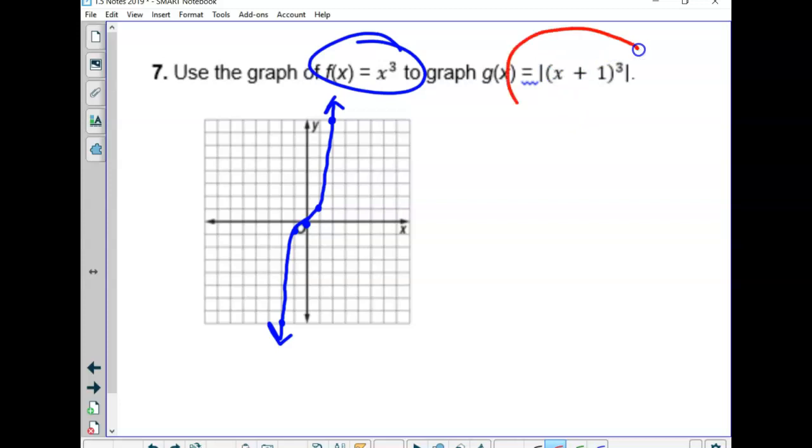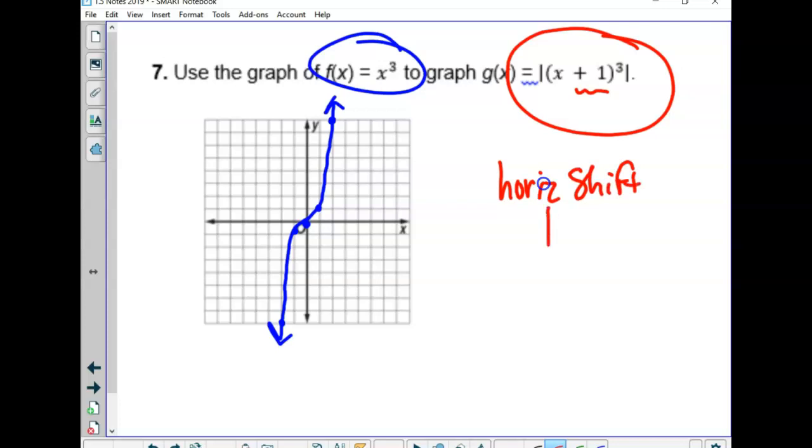What 2 things have happened here? In here, what happened? Horizontal shift left 1. So all the points would shift to the left 1. But then what is the absolute value on the whole thing doing? Yes, on the whole thing on the outside does not make the y-axis symmetry 1. It just makes everything positive. Reflects this bottom piece up.